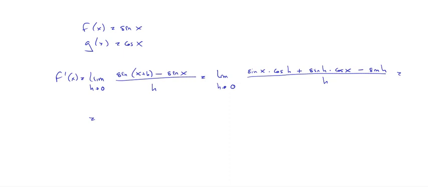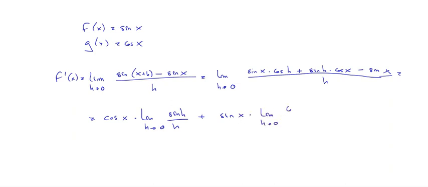Sorry, that's the problem: this is the sine of x and not the sine of h. Okay. Now we have the cosine of x that multiplies the limit when h goes to 0 of the sine of h divided by h, and then we have the sine of x that multiplies the limit when h goes to 0 of the cosine of h minus 1, divided by h. We're just taking common factors out of the limit.